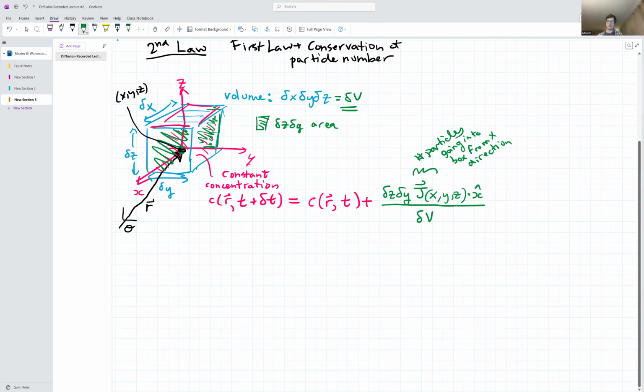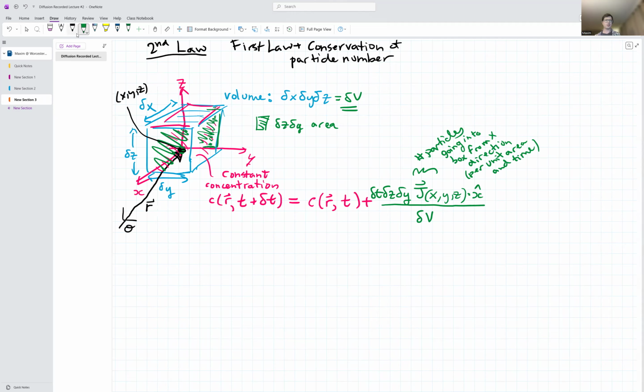And there's one more thing we have to do. Remember that the flux is per unit time, so we also need to multiply by the time. This is number of particles per unit area and time, so we have to be careful about that. We multiplied by the area already, and we just need to multiply by the time.